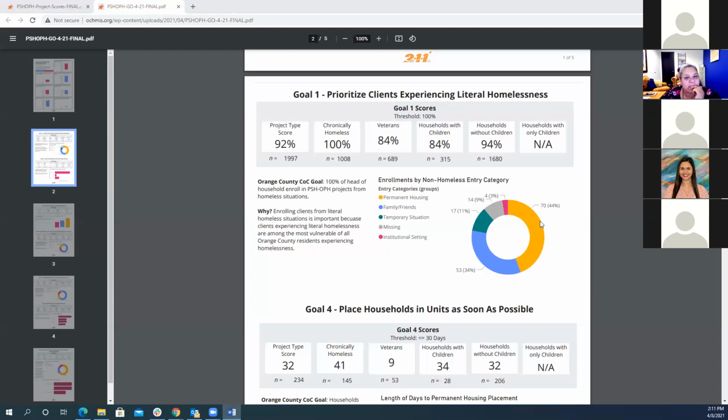However, if the PSH project that the client is moving to doesn't mark that correctly, maybe if they choose some other type of permanent housing situation that's not permanent supportive housing, that could be where these permanent housing entries are coming from.